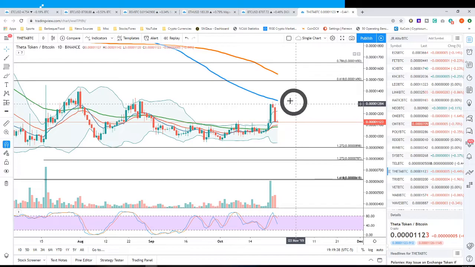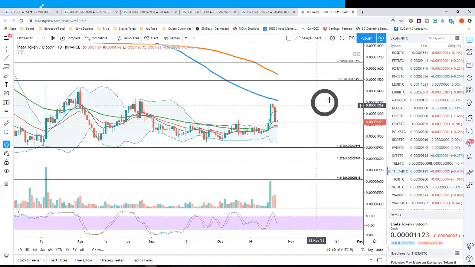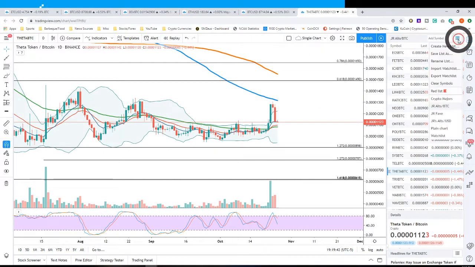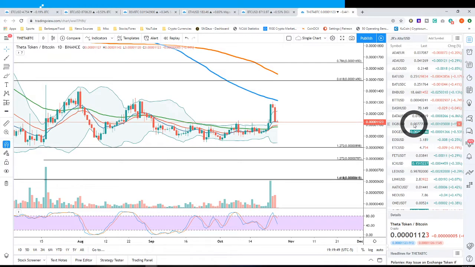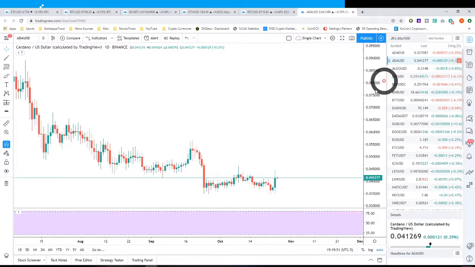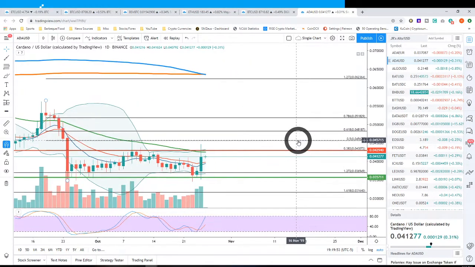So at this stage in the game, why play the Bitcoin pairs? Stay away from them. Go over to the altcoins, or to the USD pair, all right? Let's go look at ADA, all right?